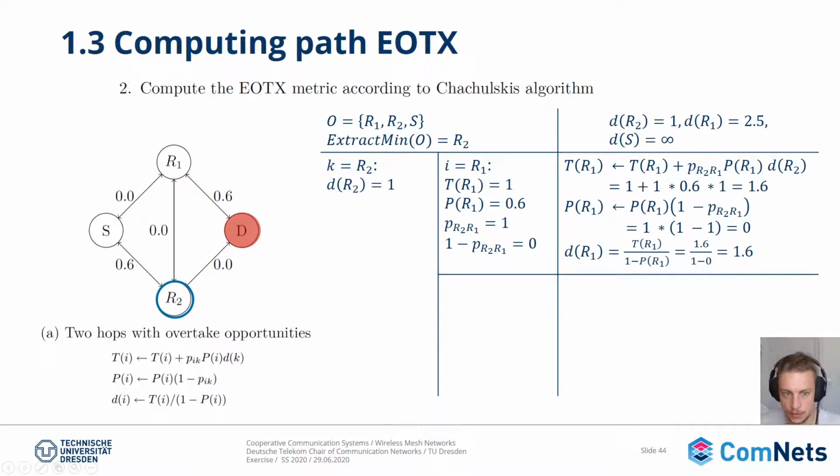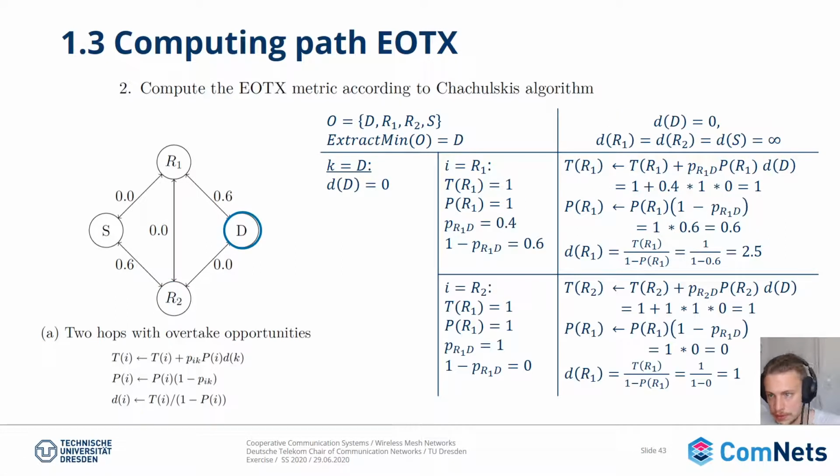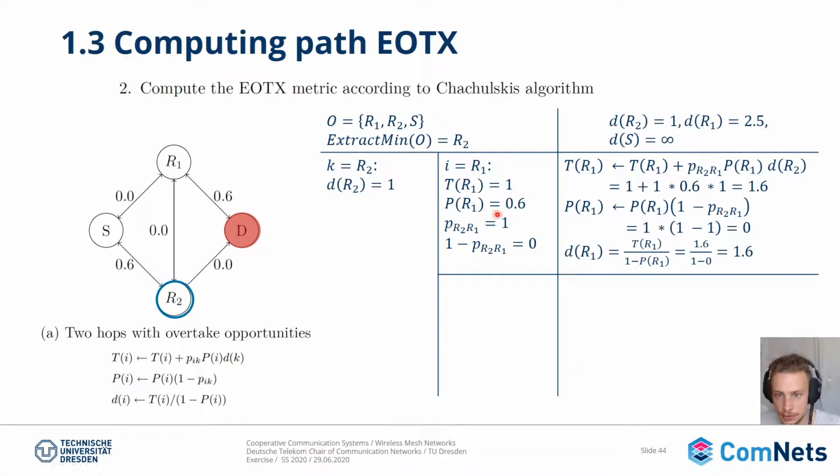So from the perspective of the algorithm, we take the t and p values that we have calculated before. So t was 1, p was 0.6, so the t values for R1, not for a different node.